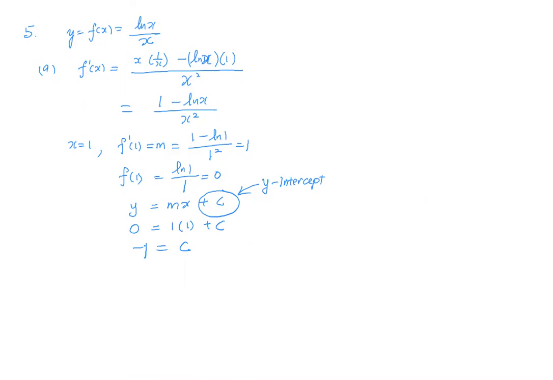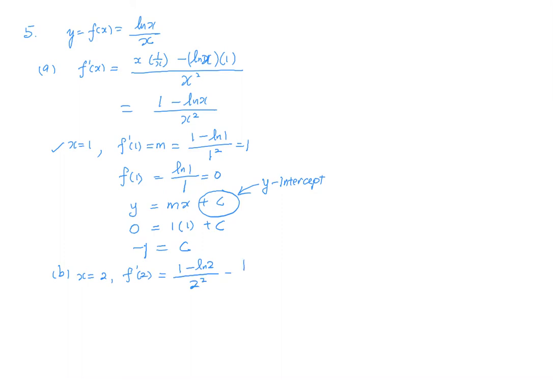So now, to do part B, what you need to do is repeat here. So I put x equals 2. f prime 2, you just repeat the same thing. 1 minus ln 2 over 2 squared.